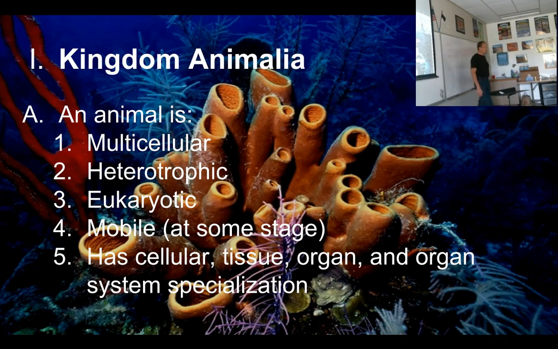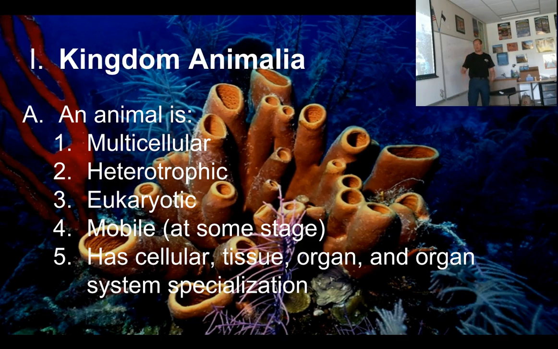Animals are heterotrophic, which means they can't make their own food. I've said this a couple times. You can't walk outside in the morning, look at the sun, and reach up towards the sky and go, oh, good breakfast. Okay? It'd be great if you could, but you can't. You are an other eater, heterotrophic. You eat other things.